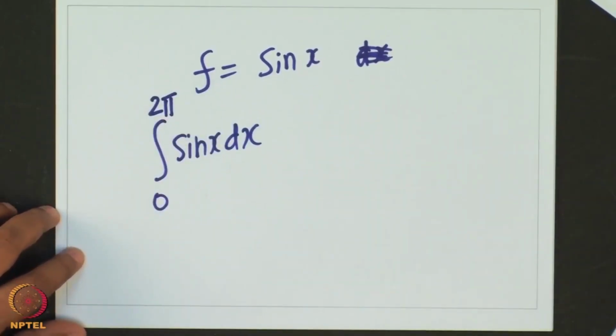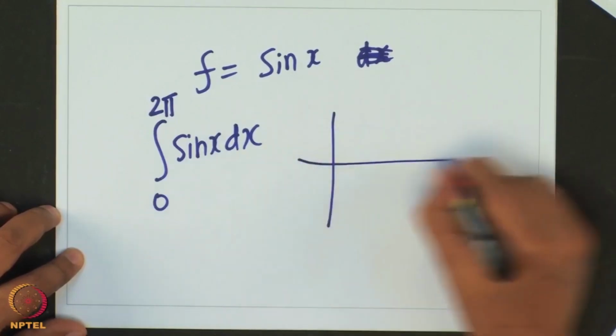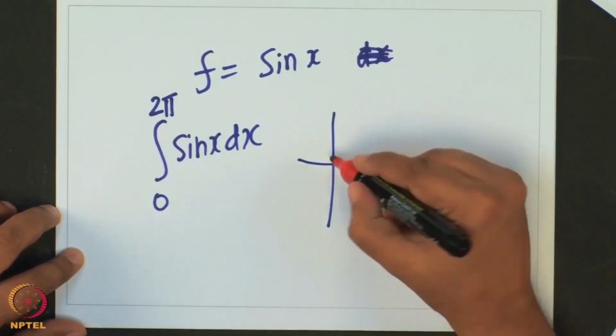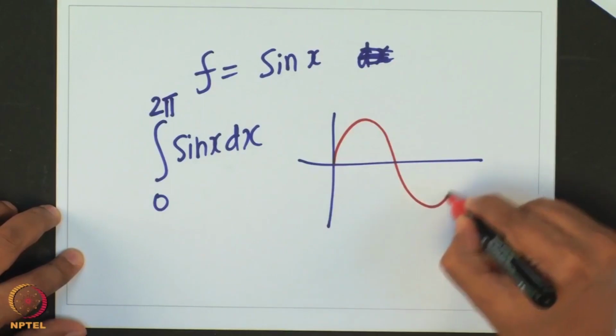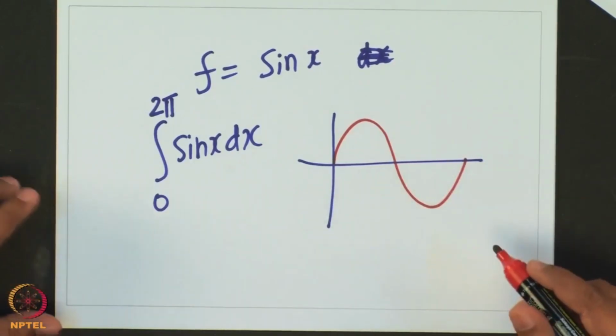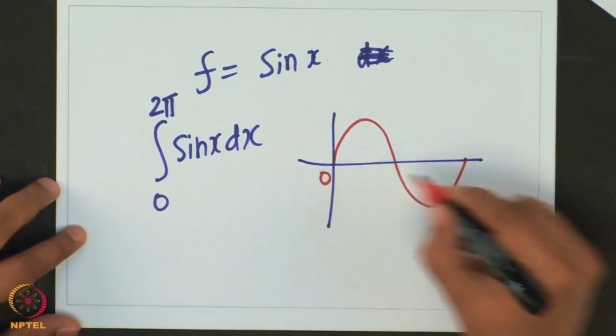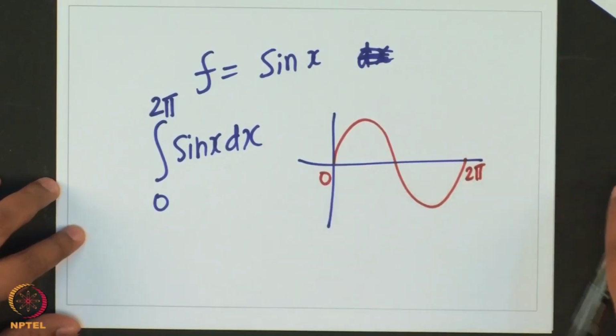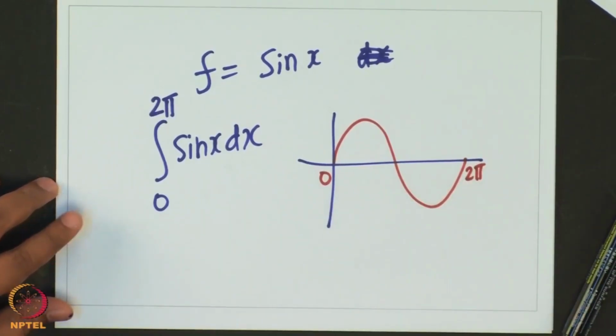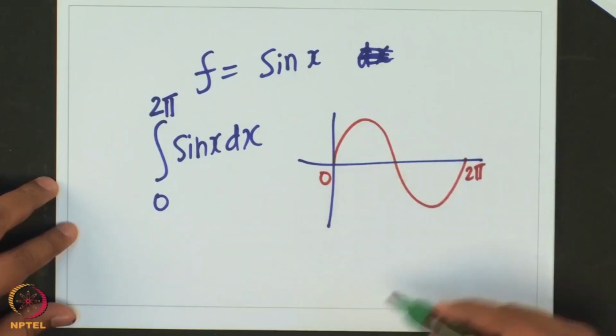So if I plot sine x from 0 to 2 pi, what I would get? I would get a curve like this. So this is 0 and this is 2 pi. Now we can see that there is a positive part and negative part.